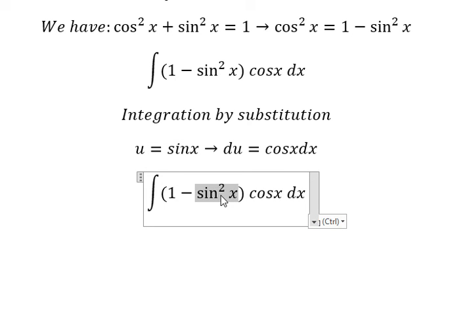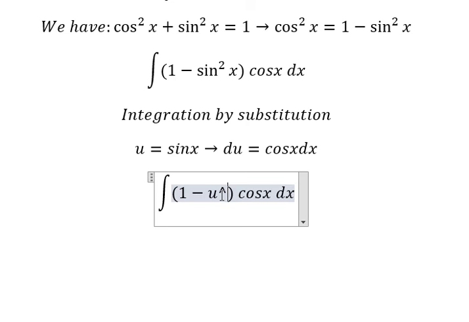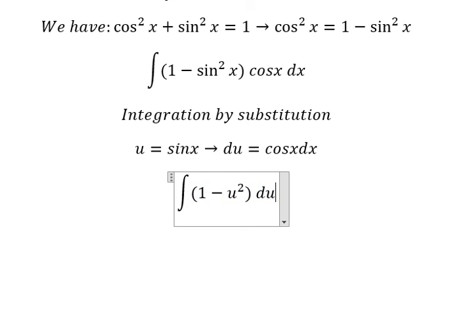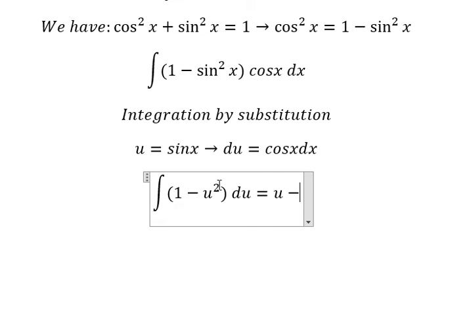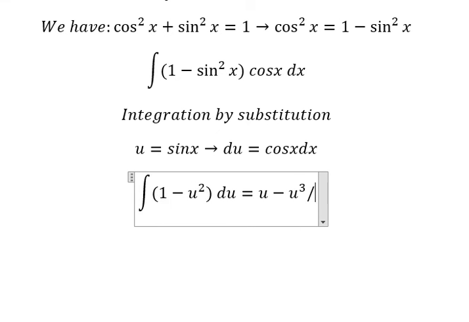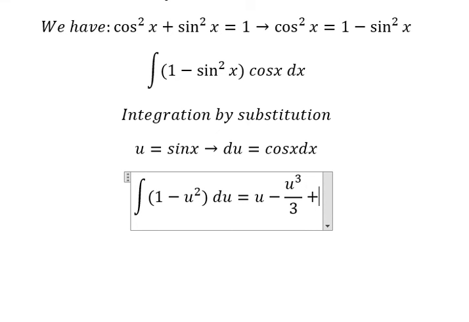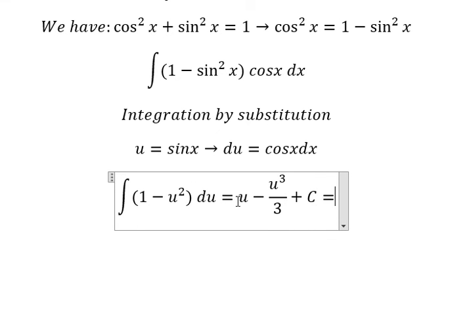So this one we change to u, and we have u squared. This one we change to du. The integration of number 1, we have u. The integration of u squared, we have u to the power of 3 over 3, and I will put c. About u, that is sin x.